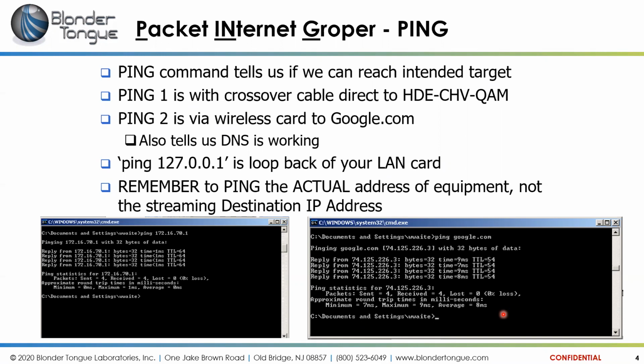We have to remember that if we're sending multicast IPTV signals around, a multicast address is kind of a virtual address on our network. It's not a true address of a device. So we don't want to try and ping the multicast address of a stream. We need to ping the actual address of a piece of equipment.